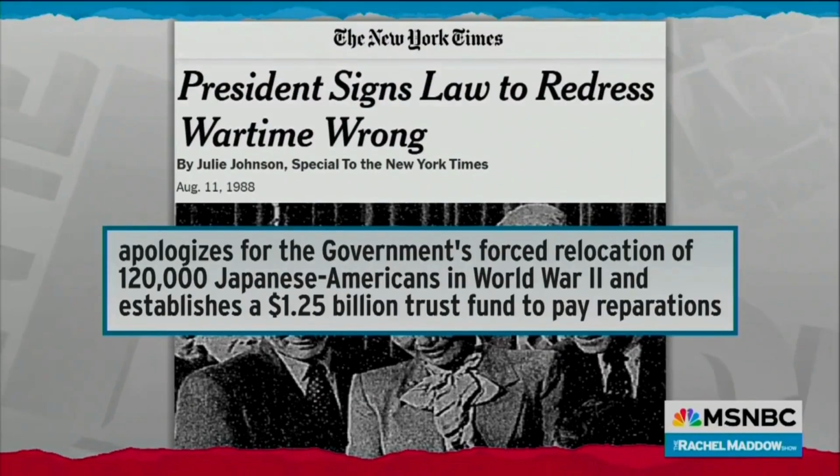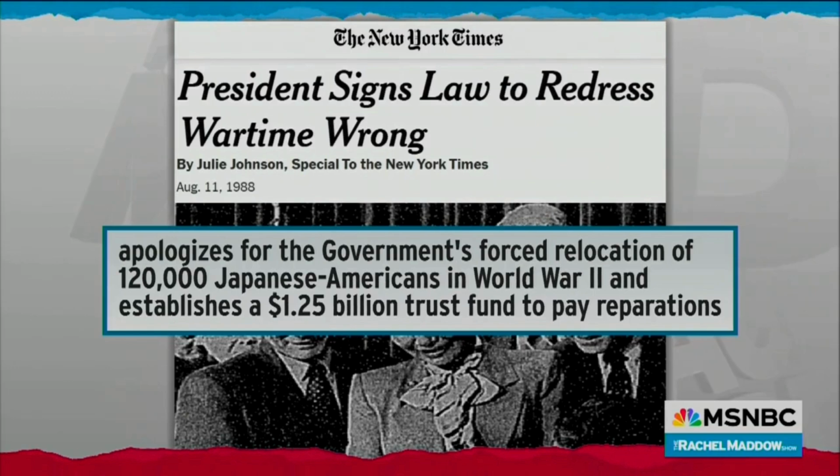The 1988 Civil Liberties Act, which was signed into law by a president named Ronald Reagan. And that said that the internment of Japanese Americans in this country, which had been done under a law that dated back to the 1700s, a rarely used legal authority.